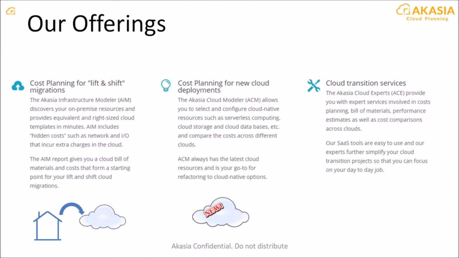Now, our products come into play in terms of identifying the most optimal options as well as doing all the cost comparisons. We have 2 products. One is for lift and shift migrations, and that's called AIM, or the Acacia Infrastructure Modeler. What it does is it discovers the on-prem environment and models it to the closest equivalent in the cloud.